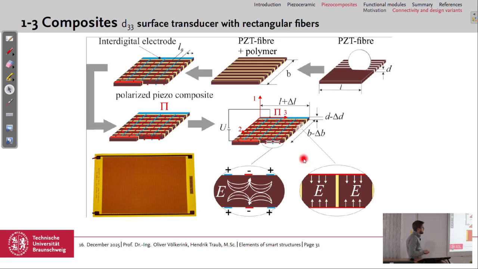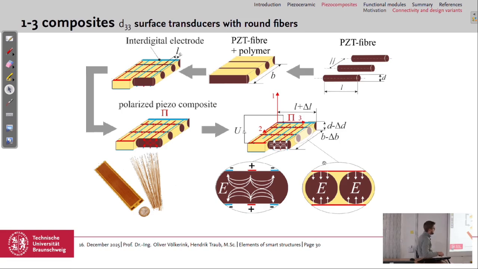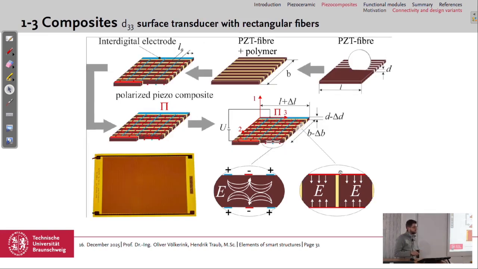And also the electrodes have better contact, because you have a line or a surface contact on the fibers and not only a line contact where the electrode touches at only one line.